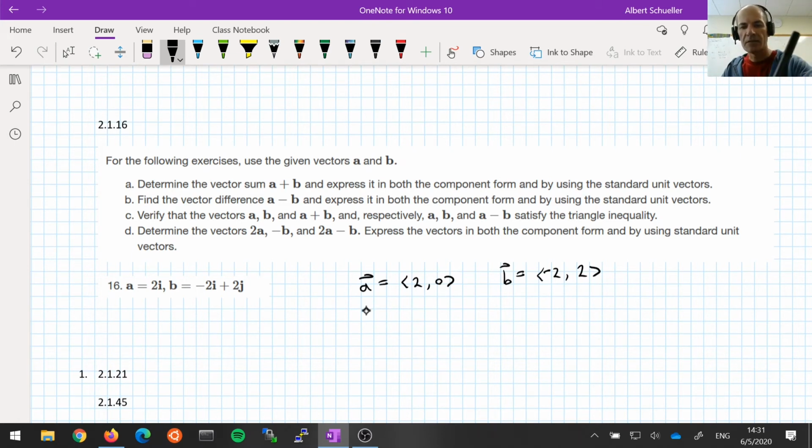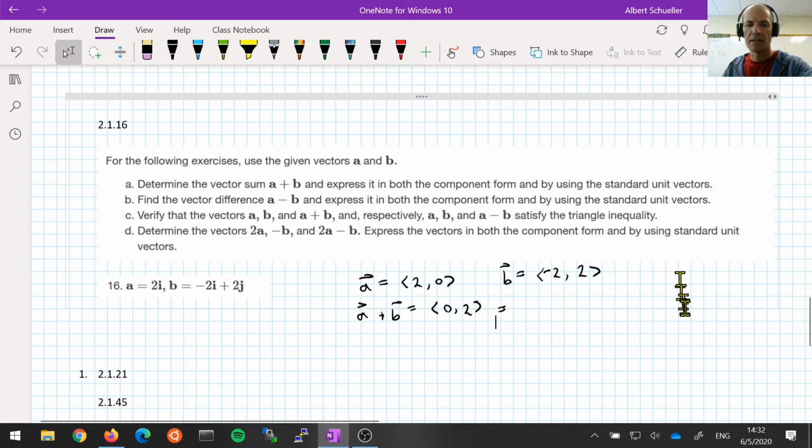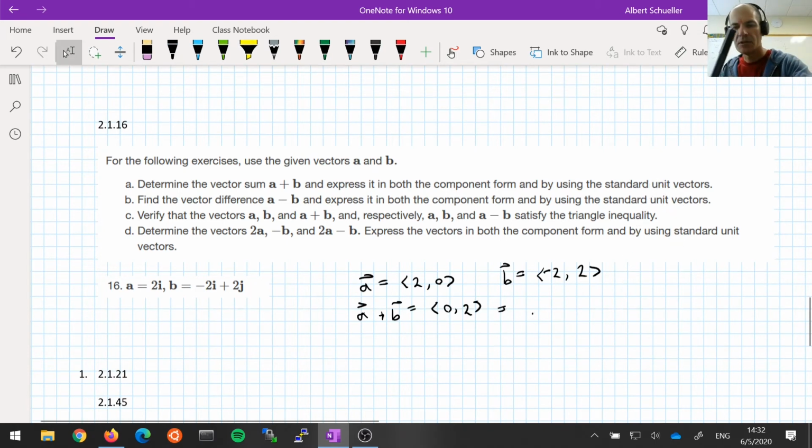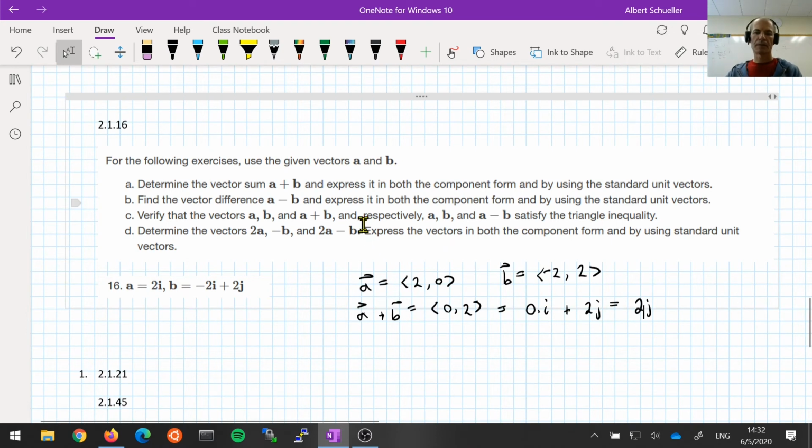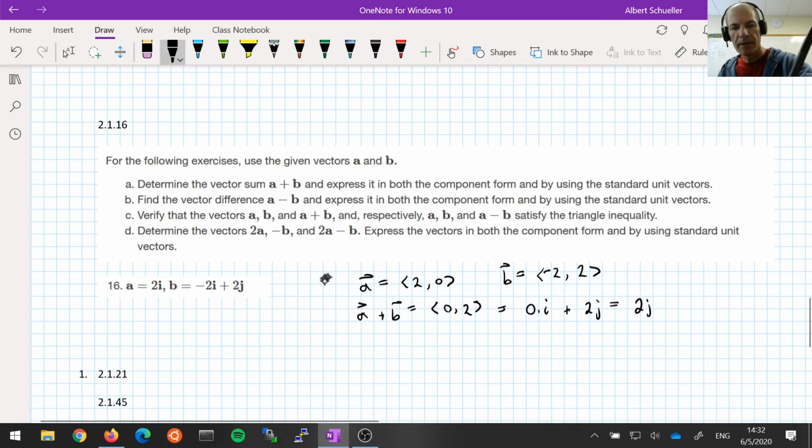Now if you were going to add these two, you can just add component-wise. So 2 plus -2 is 0, and 0 plus 2 is 2. And then if you want to write that using ij notation, that's 0 times i plus 2 times j, which just simplifies to 2 times j.